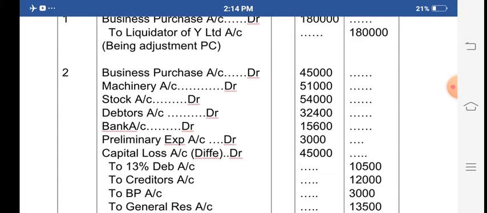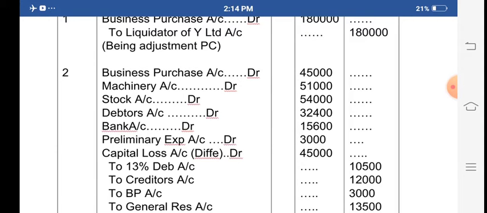Machinery account debit 51,000. Stock account debit 54,000. Debtors account debit 32,400. Next, bank account 15,600, and preliminary expenses account 3,000.